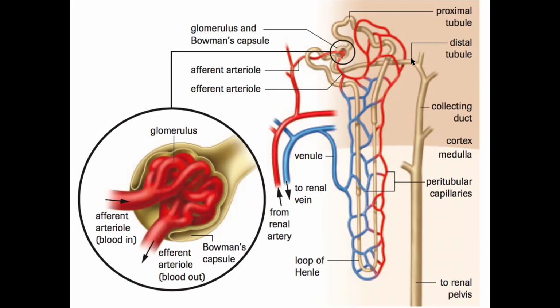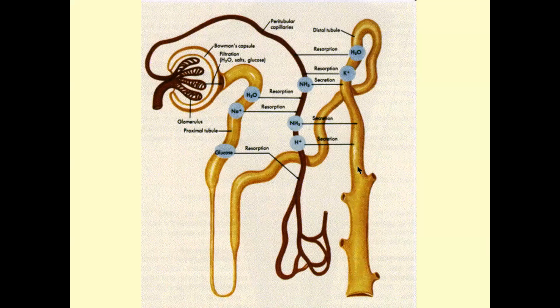Eventually it comes through here, and it's a collecting duct, and it gets bigger and bigger because each of these is from a different nephron, and then eventually goes to the renal pelvis, and from there into the bladder. What happens in this area here is what this is all about.